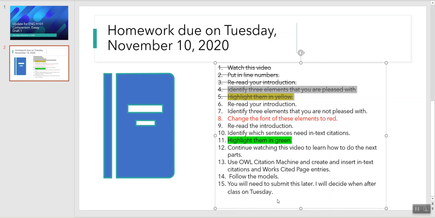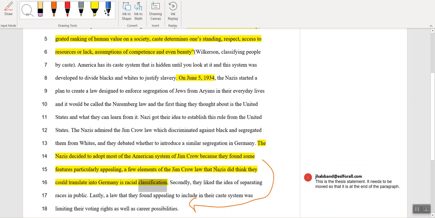So the next part is 6 and 7 and 8. Reread the introduction. Identify 3 elements that you are not pleased with. Change the font of these elements to red.